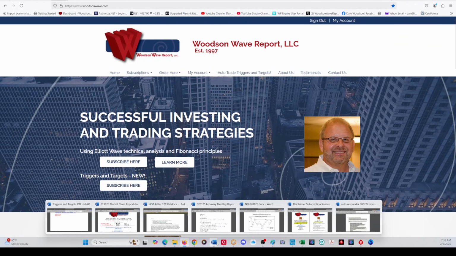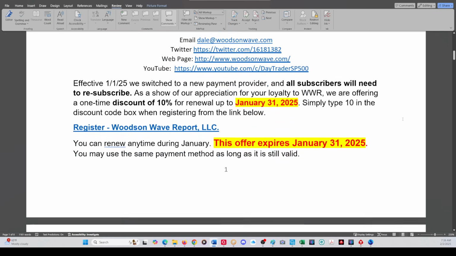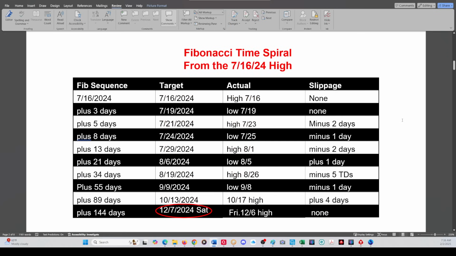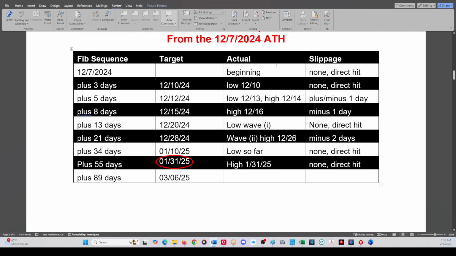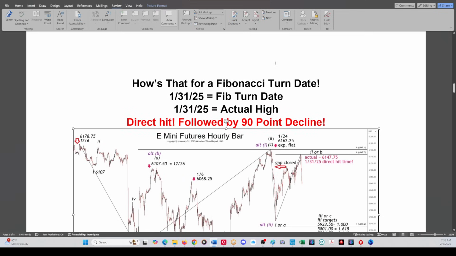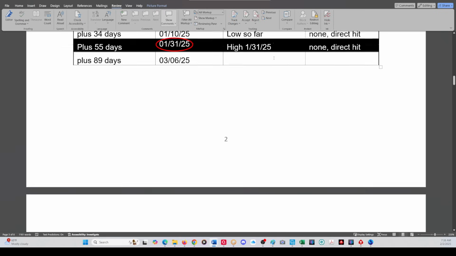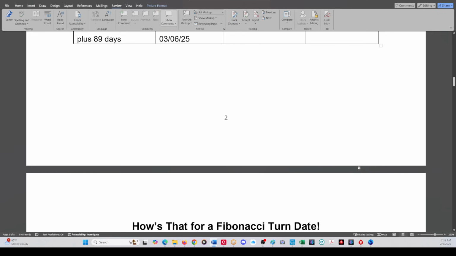I can get into the details here, but let me get back into that 131. There we go. Here are those two Fibonacci time spiral charts, the one from 7.16 and the one from 12.7, and when we get to the cash, we detail those separately because there's not enough room. The 131 turn date was right here from that 12.7 high.